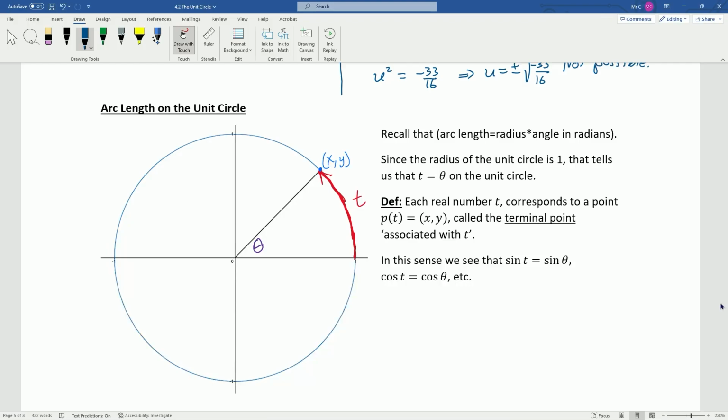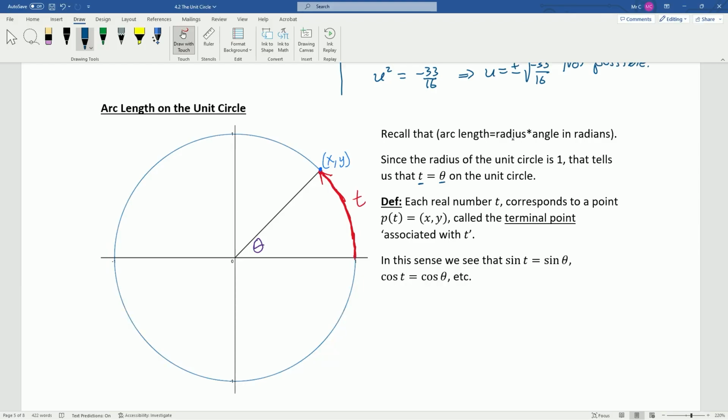Now, what do we know about the unit circle? Because its radius is 1 and arc length equals the radius times the angle in radians, since the radius of the unit circle is 1, that tells us that the arc length, t, is actually equal to the angle theta on the unit circle, right?